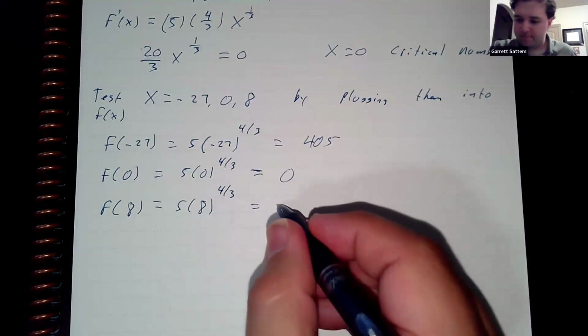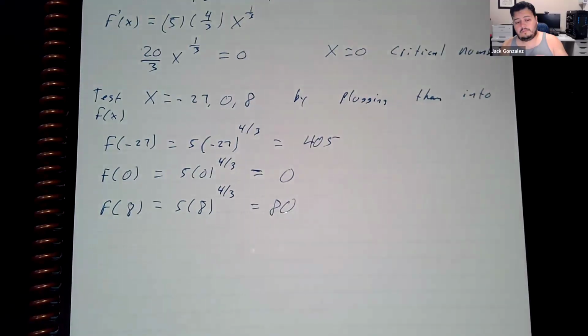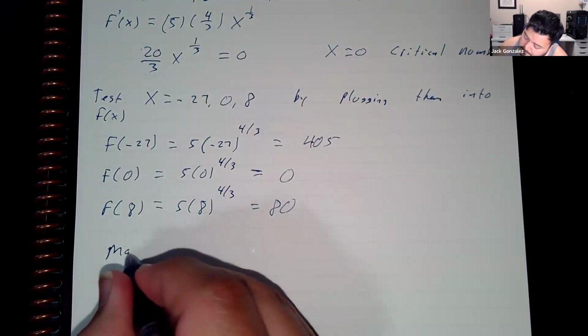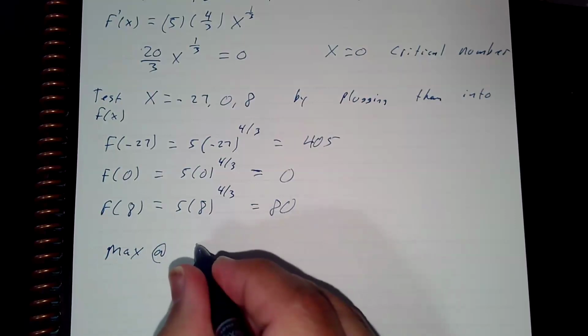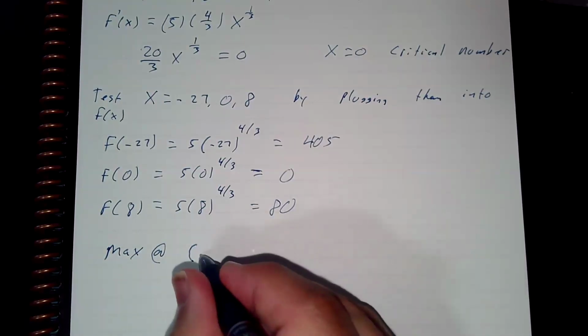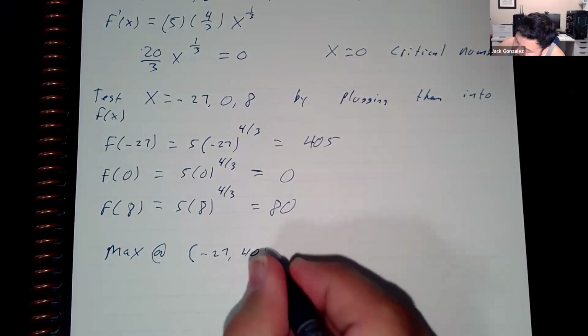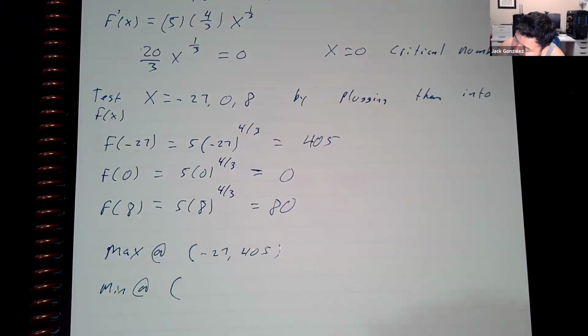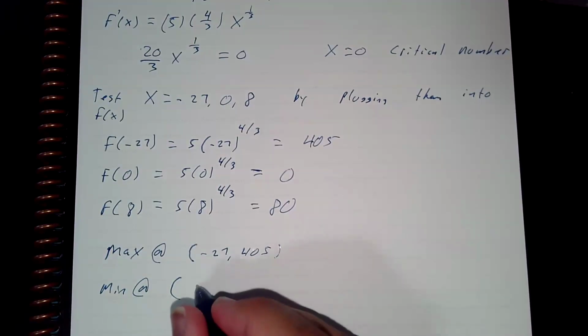Yeah, it's 405. Okay. So what is my maximum? At negative 27, 405. And minimum, 0. Yeah, 0, right?